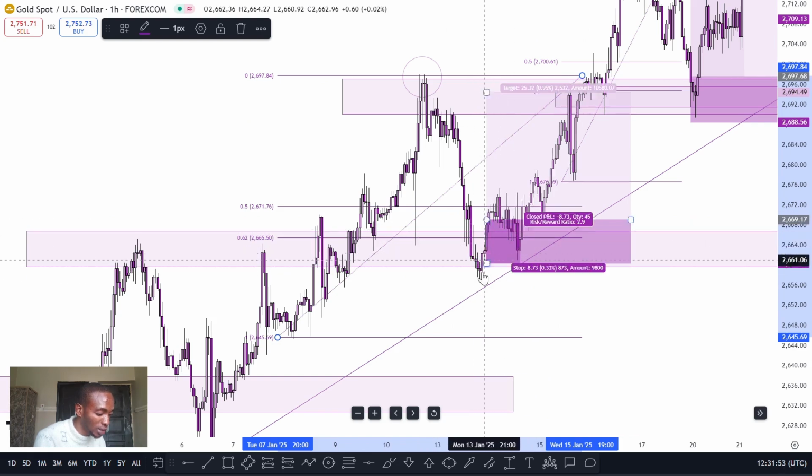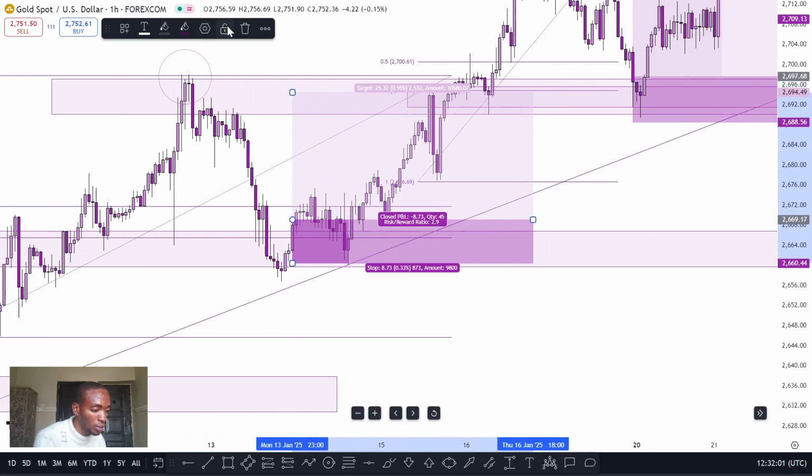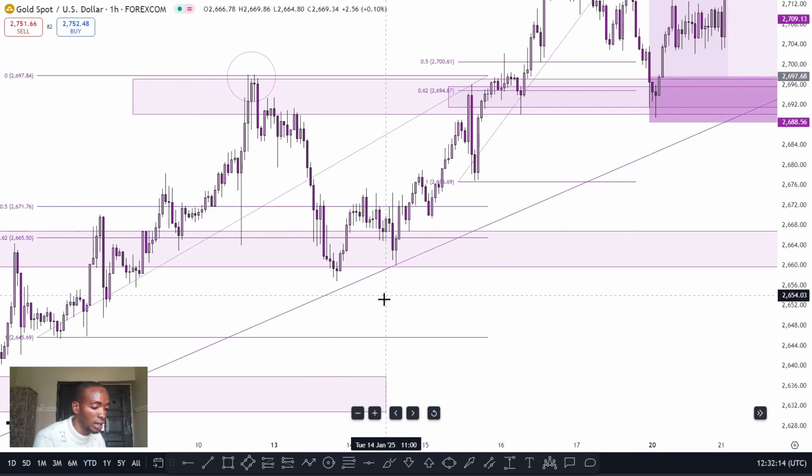Even though I didn't enter from my own zone, this is under confirmation, the morning star candlestick. The first candlestick formed is a bearish candlestick, which is this one. The next one was a dodgy candlestick. Then the next one was this bullish one that engulfed the whole initial bearish candlestick. So I'll make my entry right around this one and place my SL below it.